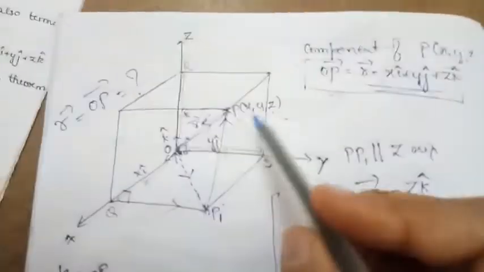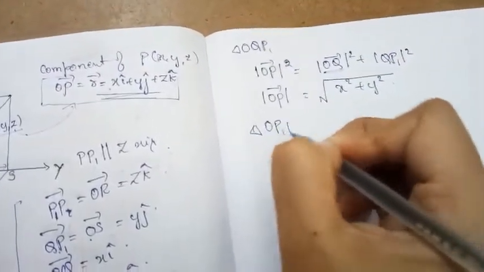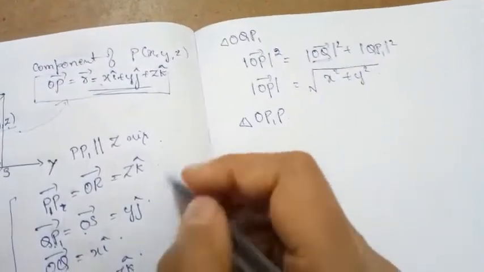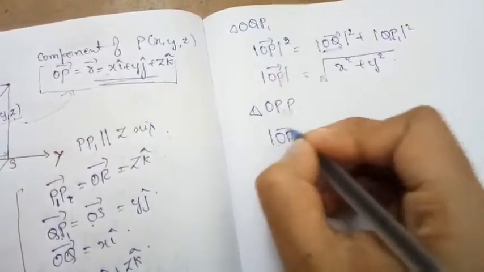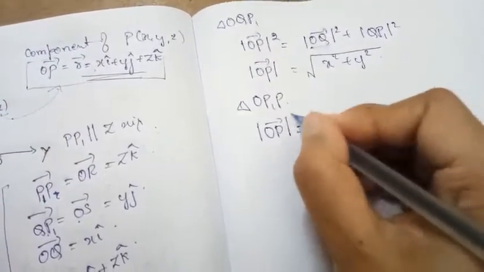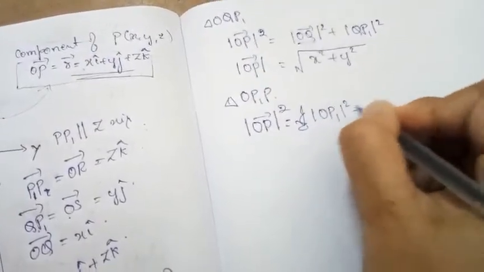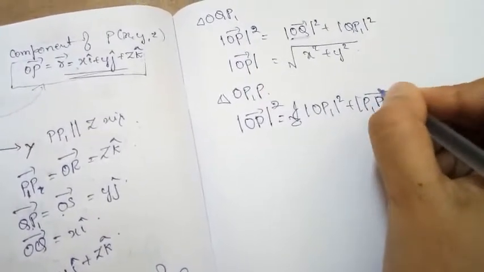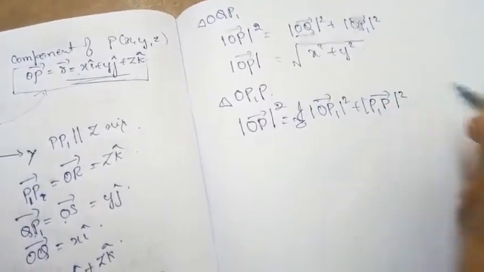And again I consider this triangle OP1P. This one is also a right angled triangle. So now applying our Pythagoras theorem again for this triangle, we get magnitude OP square is equal to magnitude OP1 square plus P1P square.